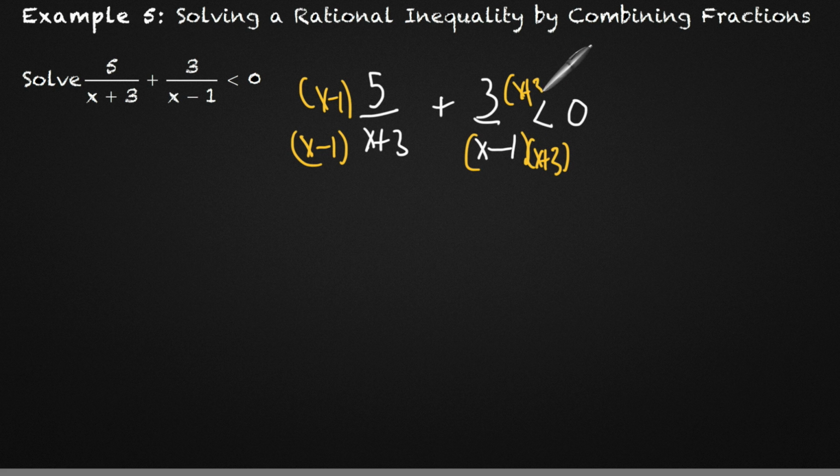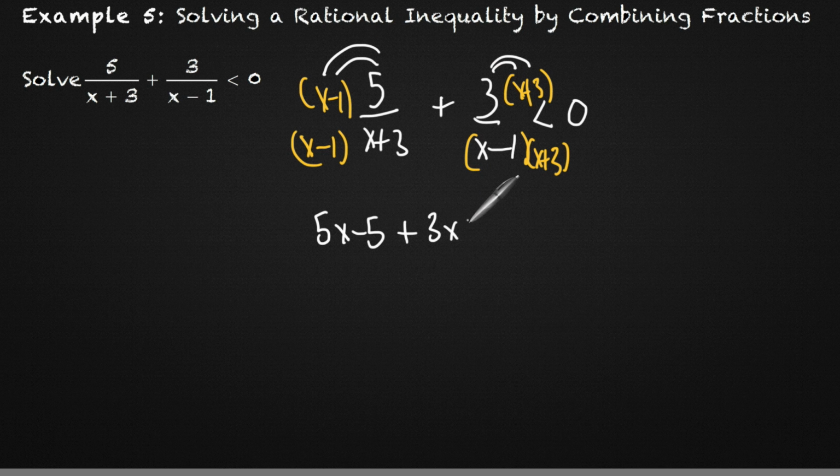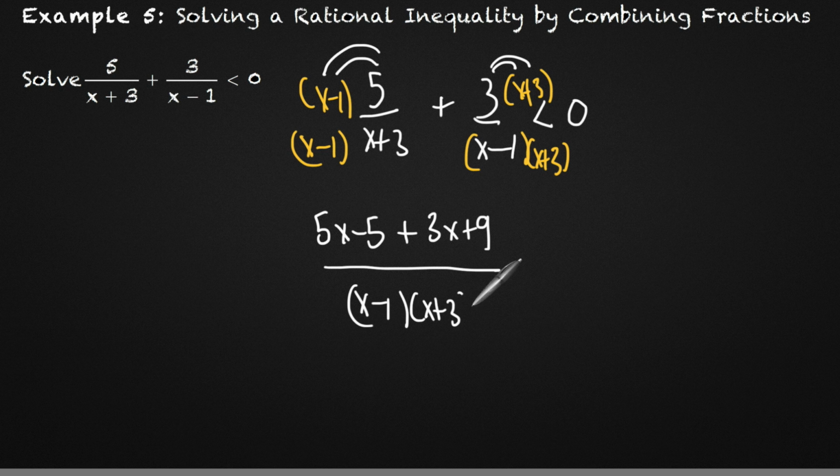All right, so now we have 5x minus 5 when we distribute, plus 3x plus 9. And all of that is over the common denominator of x minus 1, x plus 3.